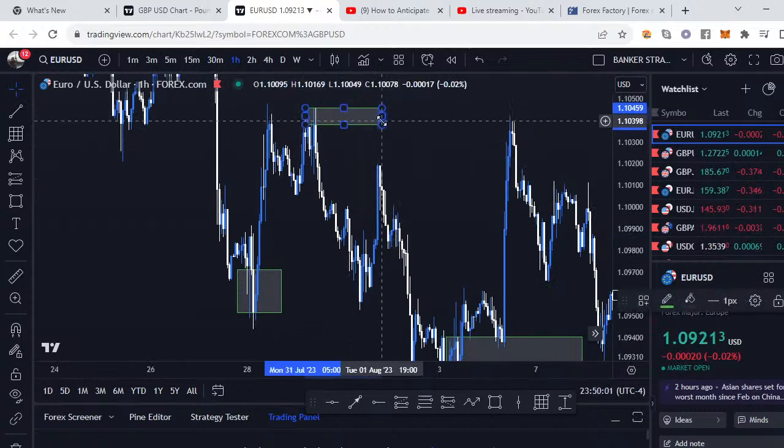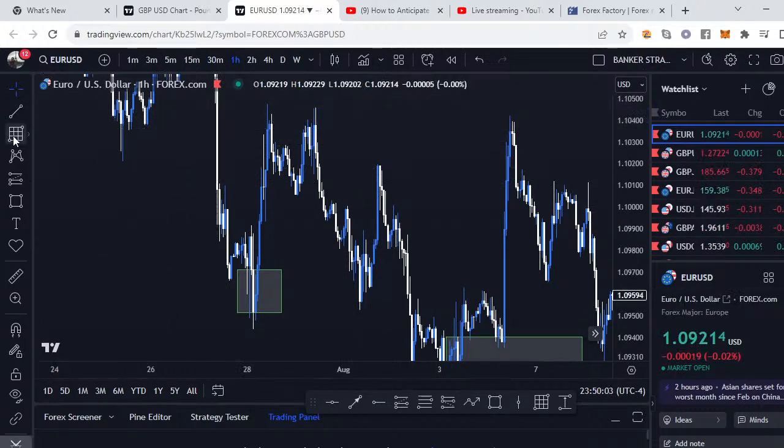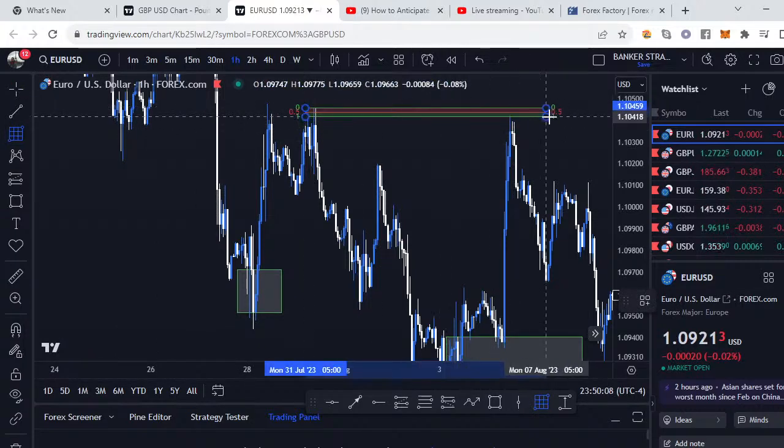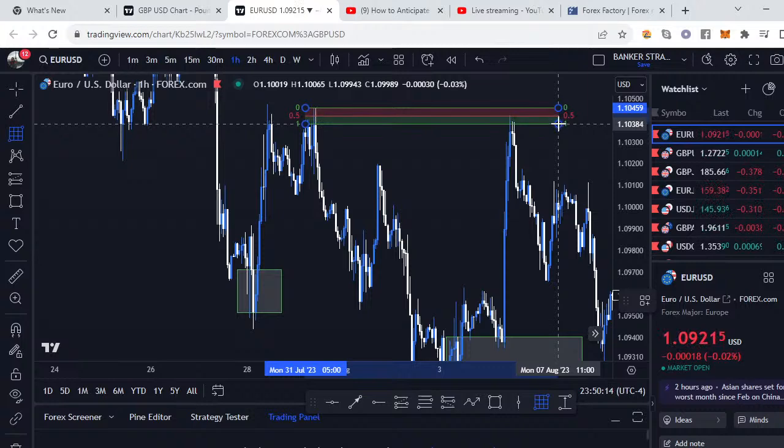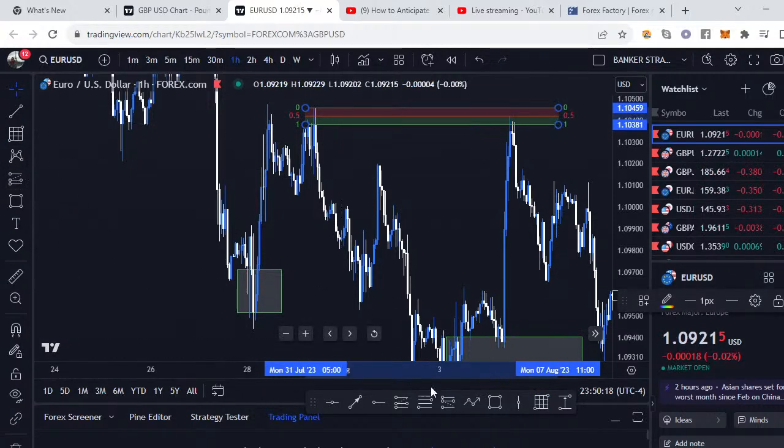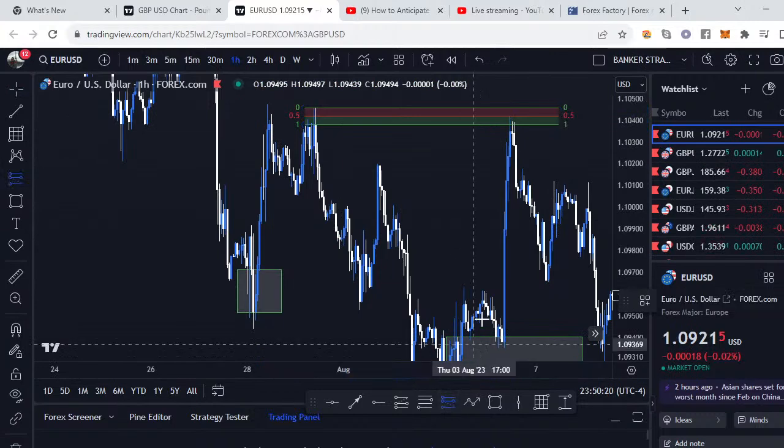And then I'll be able to come in here, take this, bring it across. Just want to show you how precise this is. And then be able to hit a sell on here.